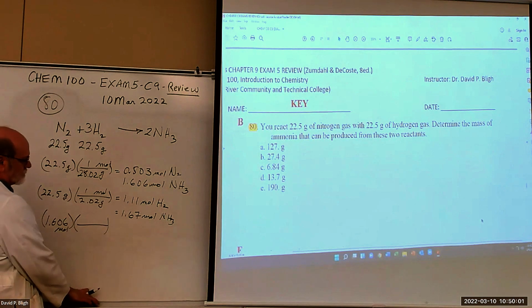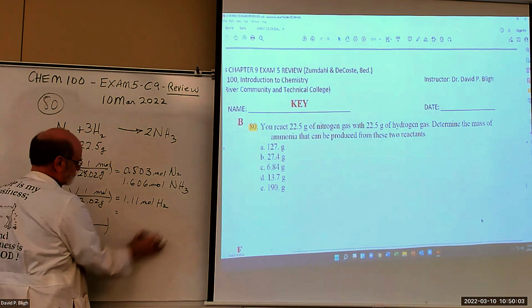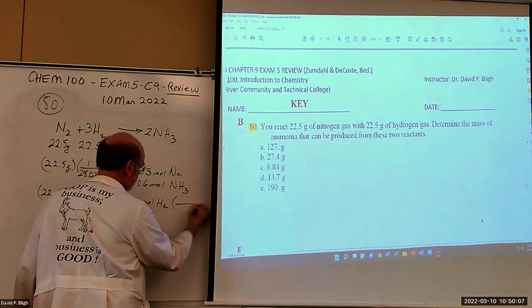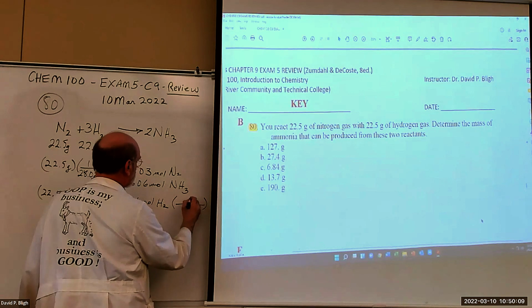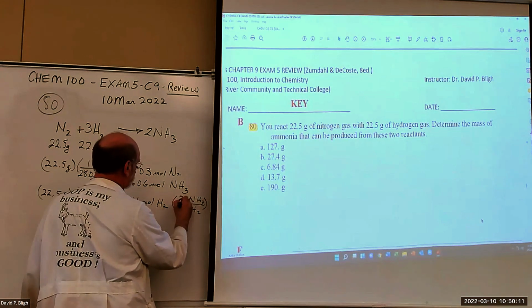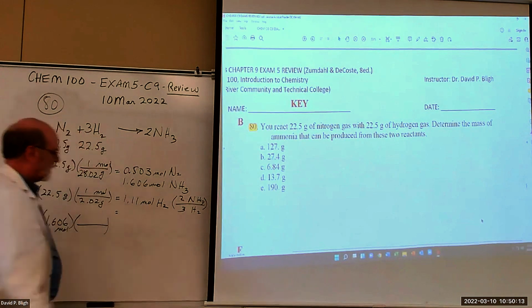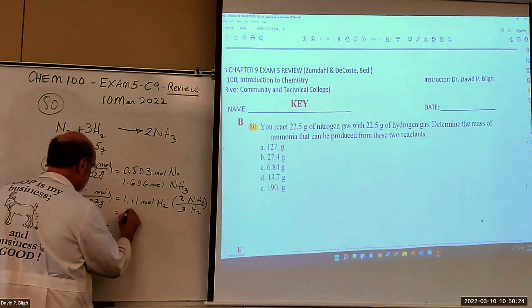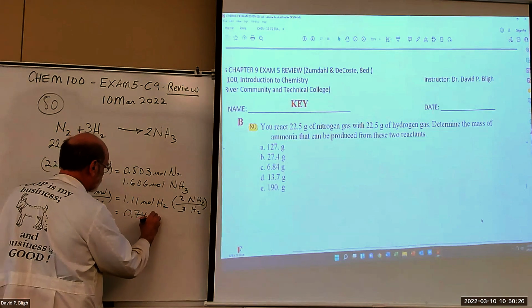It's 2/3, right? Hydrogen on the bottom, ammonia on the top. 2/3. I have to do that one again. 0.74. 0.74 moles. Okay.